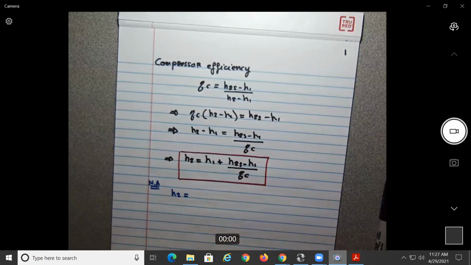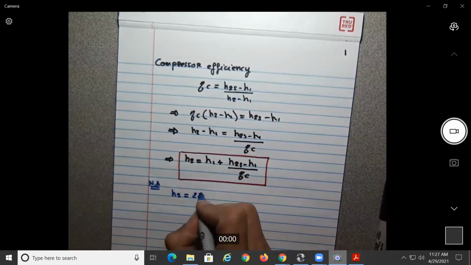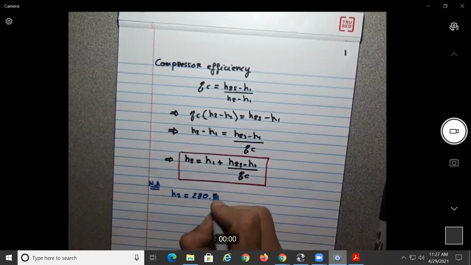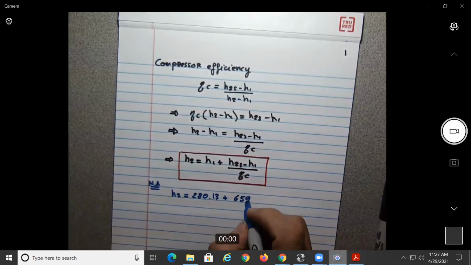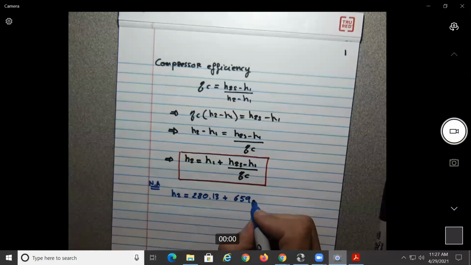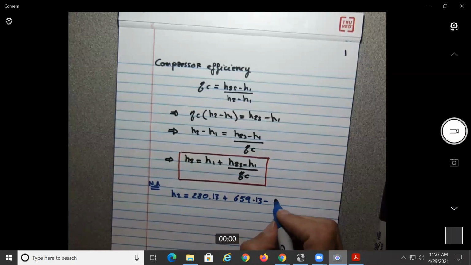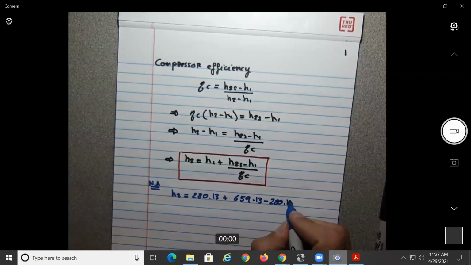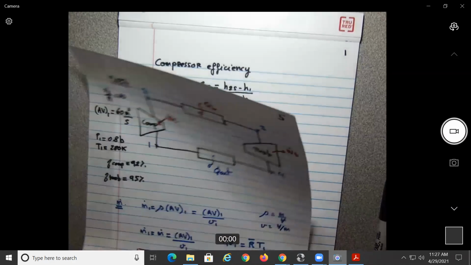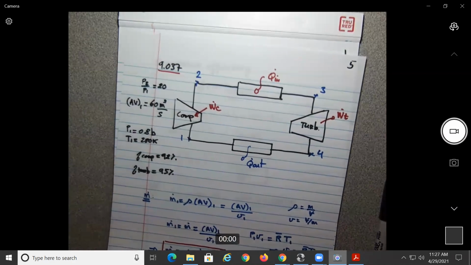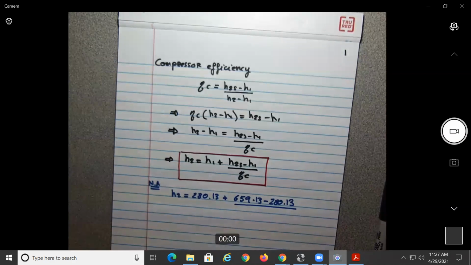So we found H1 to be what? 280.13 plus H2S. We took the solution from the book, 659.13 minus 280.13 divided by the efficiency of the compressor, which is 92%. So it means 0.92.